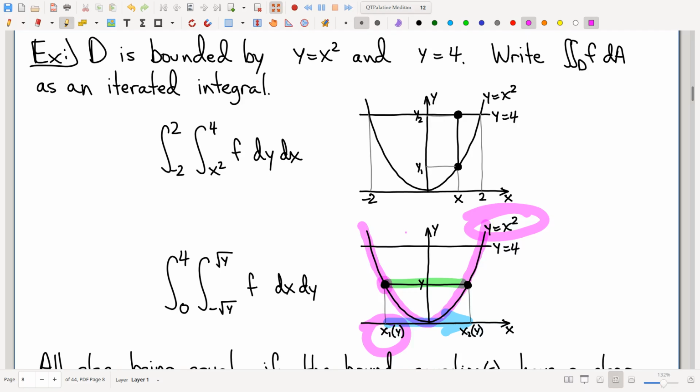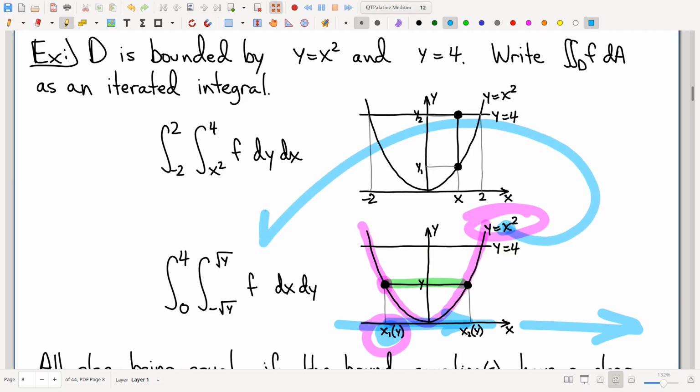Look at what we've got here. We are going in the x direction. We're looking for the lower bound for x, and so we need to solve for x in that equation. When you solve for x, you have to do a little bit of algebra, not a lot, of course, and you're going to get plus or minus square root of y.